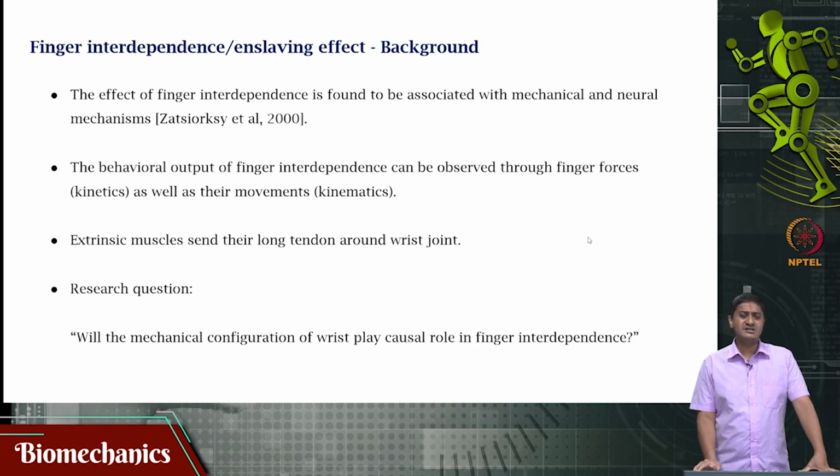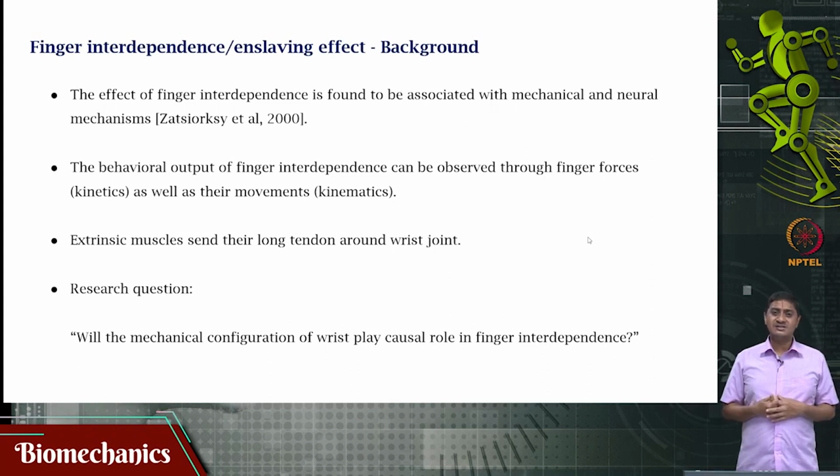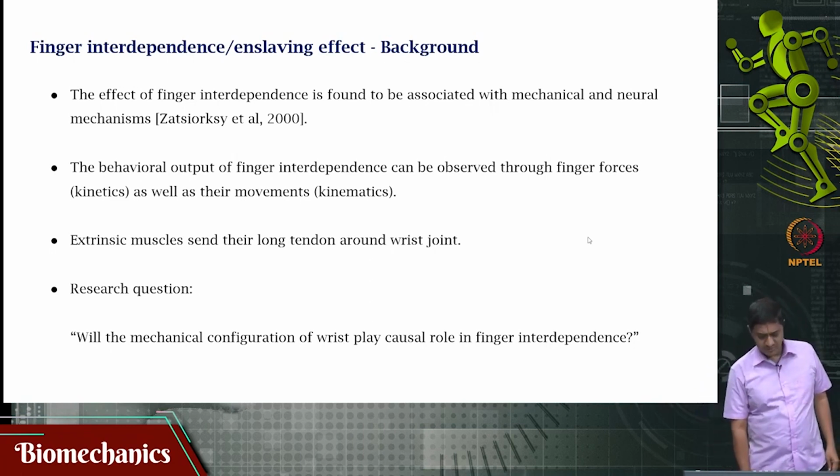So obviously this will change the nature of force transmission through the tendon, and it is likely that the amount of stretch and how this stretch affects finger movements might be different across fingers. Because of this reason, we thought that there will definitely be a difference in finger interdependence based on the wrist posture. This is the hypothesis. This was the working.